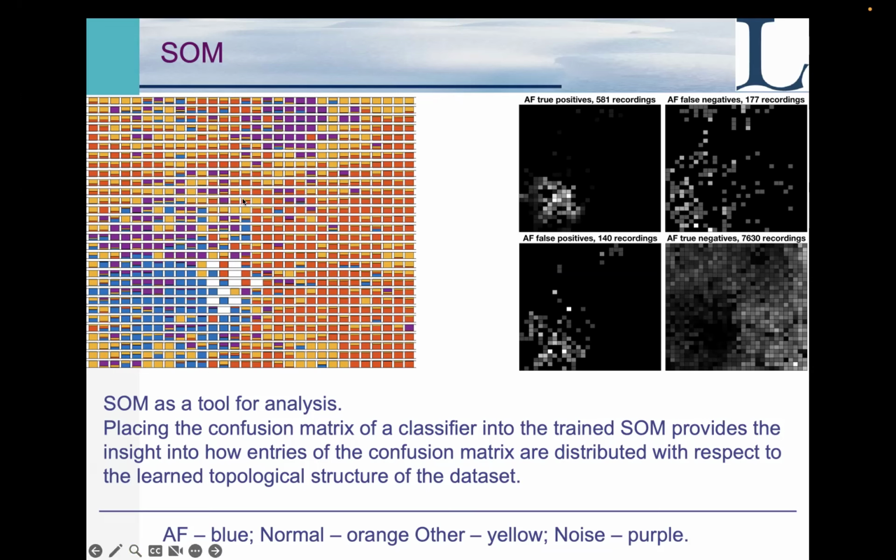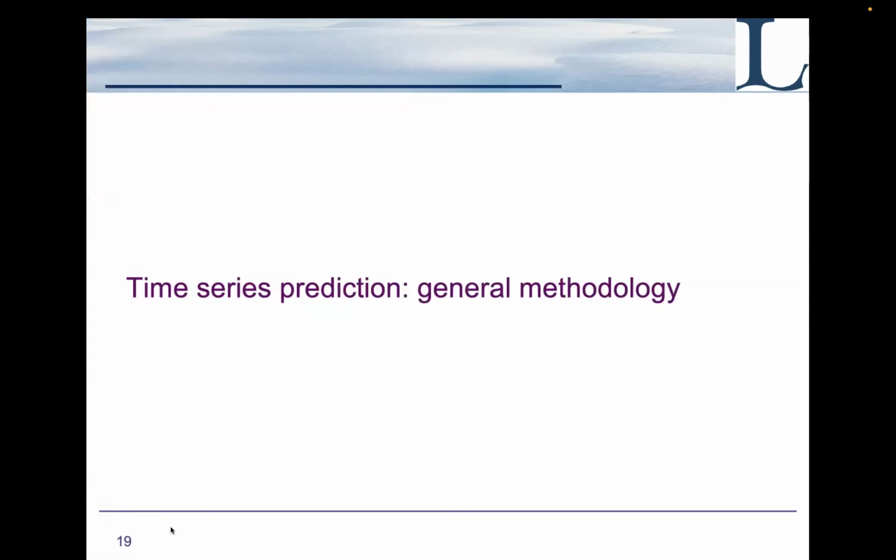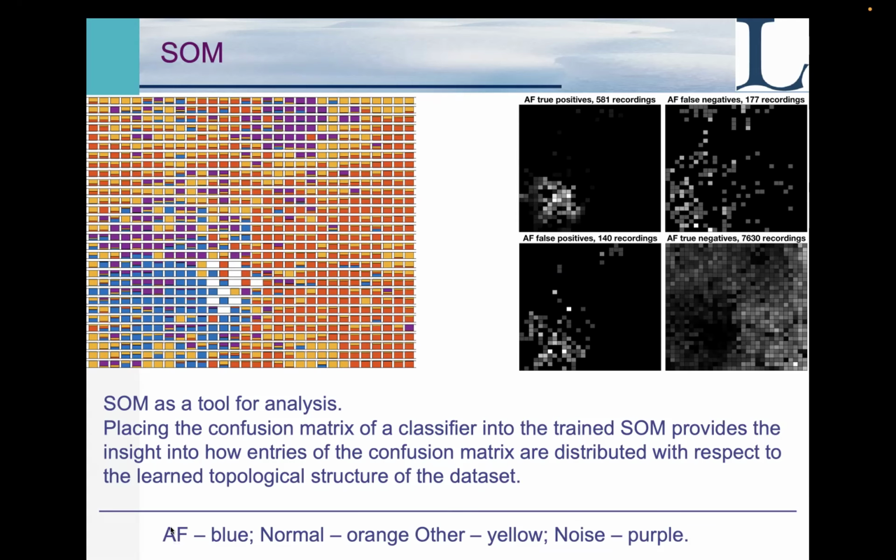Here, for example, we tried our self-organizing maps implementation to see how different types of arrhythmia are arranged, specifically atrial fibrillation.